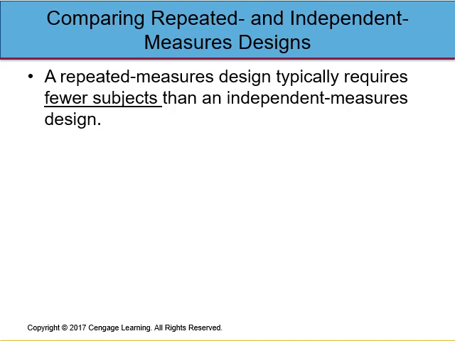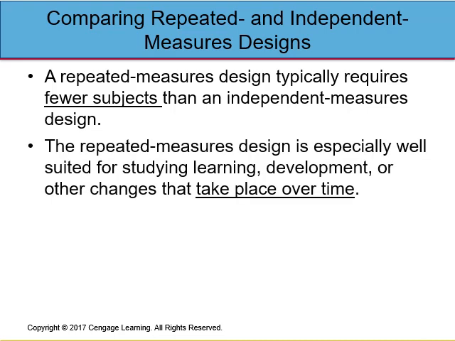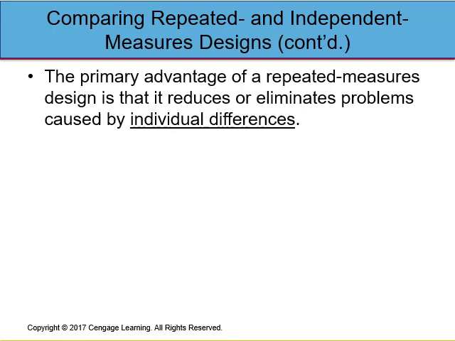Comparing repeated and independent measures designs. A repeated measures design requires fewer subjects than an independent measures design, because you can use a before and after. The repeated measures design is especially well suited for studying learning, development, or other changes that take place over time.